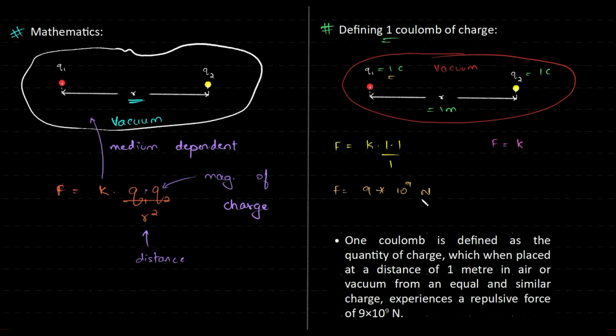And if we observe that the force acted on Q1 by Q2 or on Q2 by Q1 is equal to this, then by default, both the charges have to be 1 coulomb. So 1 coulomb is defined as the quantity of charge which when placed at a distance of 1 meter in air or vacuum from an equivalent similar charge experiences a repulsion of 9 into 10 to the power of 9 newtons, then they are said to be 1 coulomb of charge.